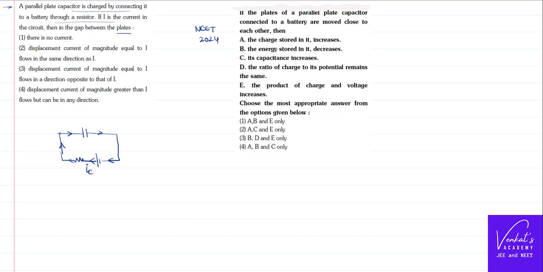So the first thing is, when current is passing through this area, as the capacitor is initially not having any charge, charge starts piling up across the plates of the capacitor.